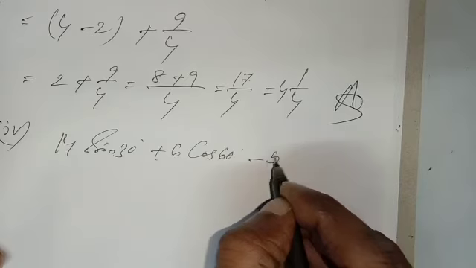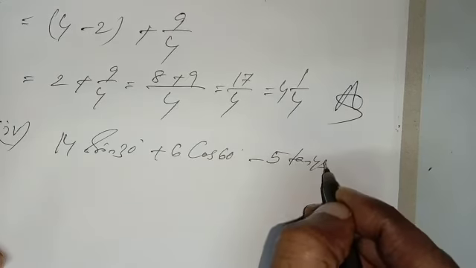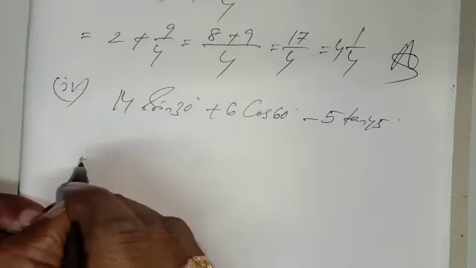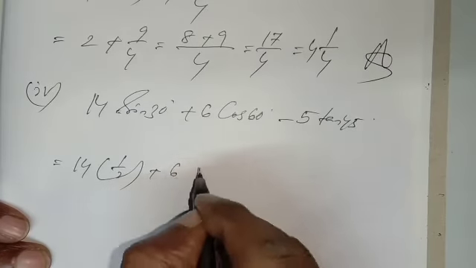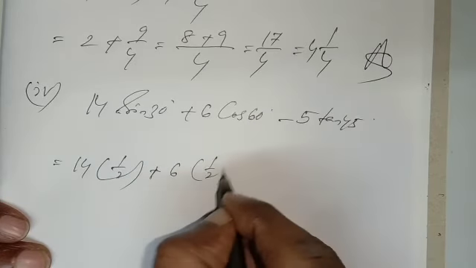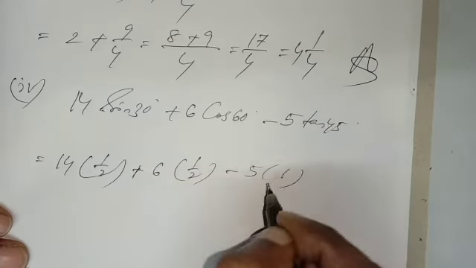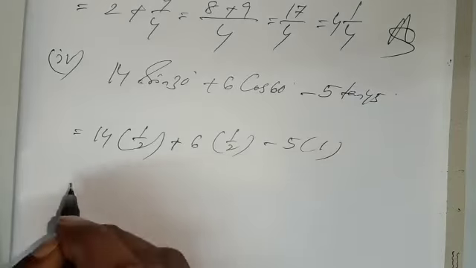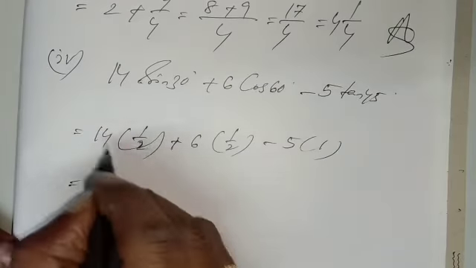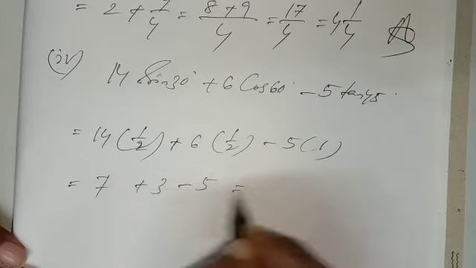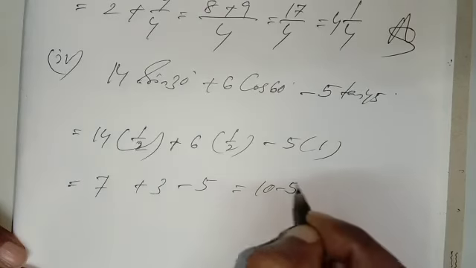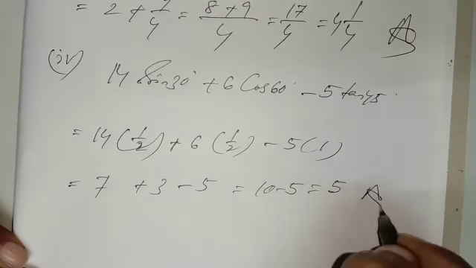Now put the value: sin 30 is how much? 1 by 2. You have to memorize. 6 into cos 60 is how much? 1 by 2. Minus 5 into 1. Finally, how much are you getting? 7 plus 3, this is 10. 10 minus 5 is how much? 10 minus 5 is equal to 5. This is the answer of the fourth part.